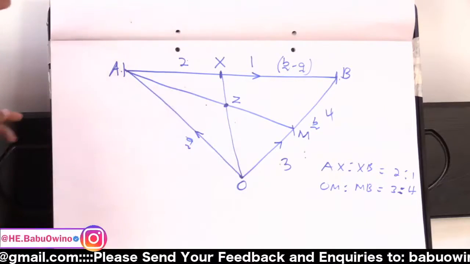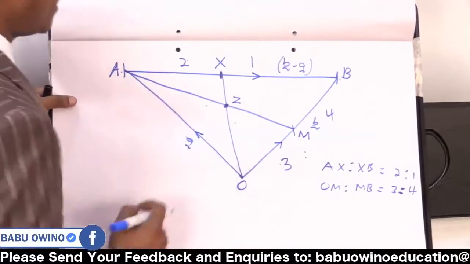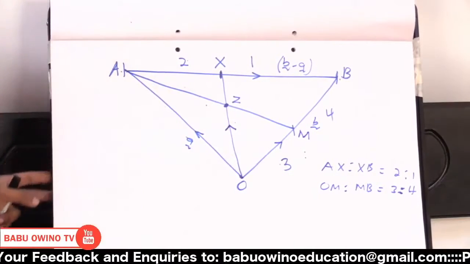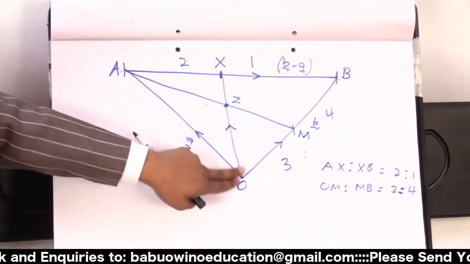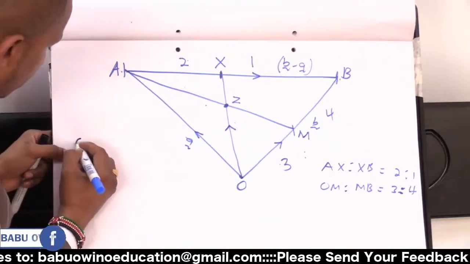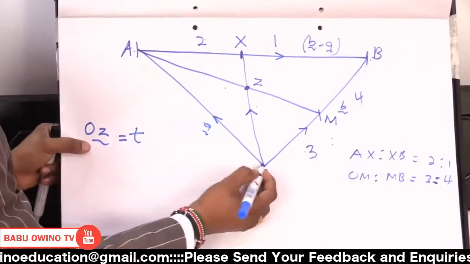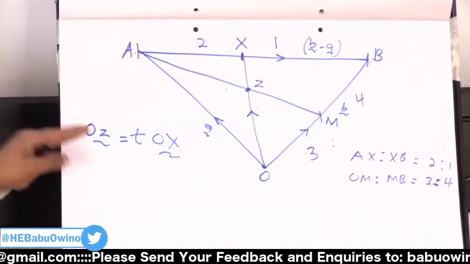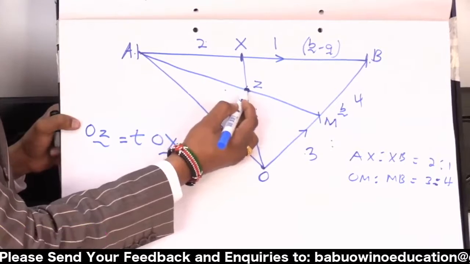So you are told to find the position vector OZ. OZ moves in that direction. Therefore, OZ is a scalar multiple. Concentrate here class, OZ equals a scalar T of OX. You want the position vector OZ.